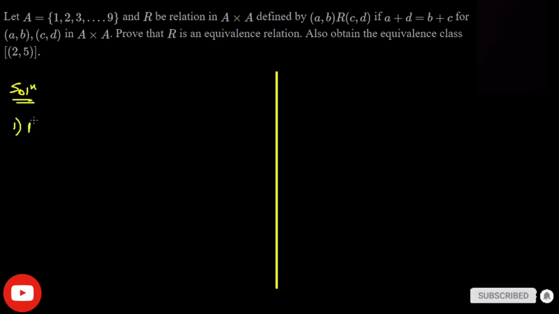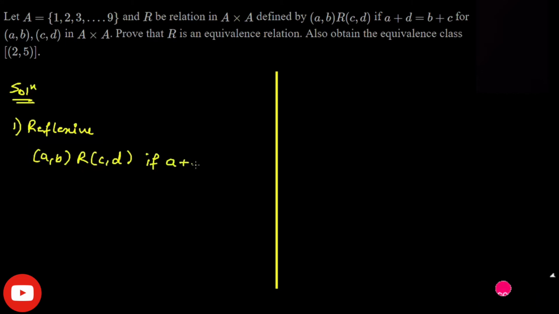Now first we'll find whether the relation is reflexive. Now (a, b) related to (c, d). So over here the relation is given as a + d is equal to b + c.